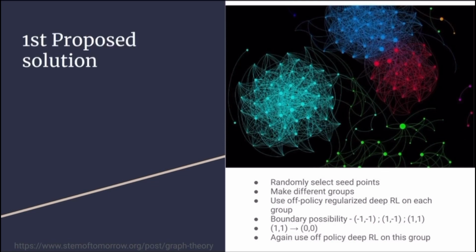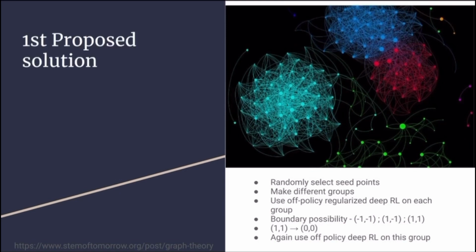Now here one limitation can be that the boundary points can be affected. For boundary points, it is possible that two adjacent nodes can have the values -1, -1, or 1, -1, or 1, 1. So for -1, -1 and 1, -1, we don't have to change our values, but for 1, 1 we need to change those values, because both are included in the same independent set.